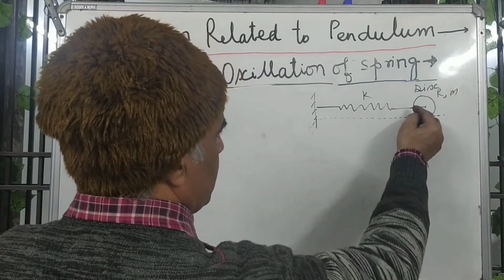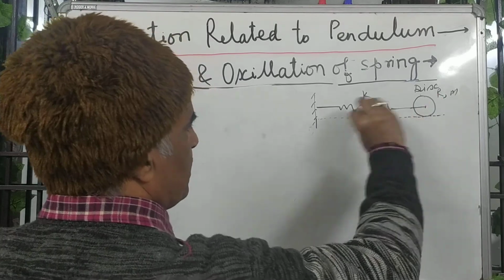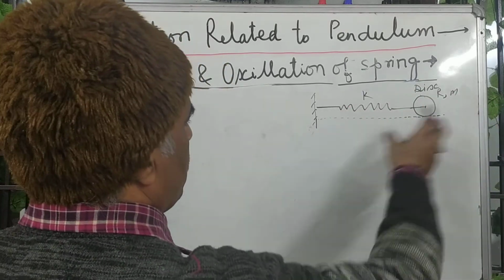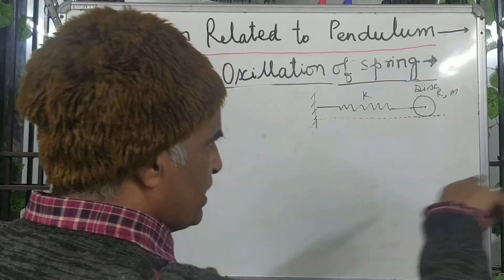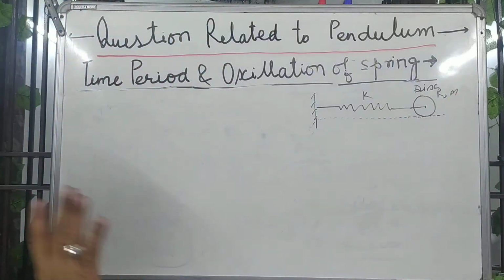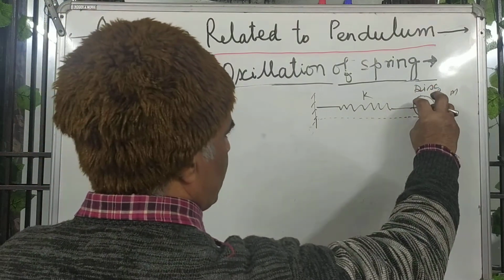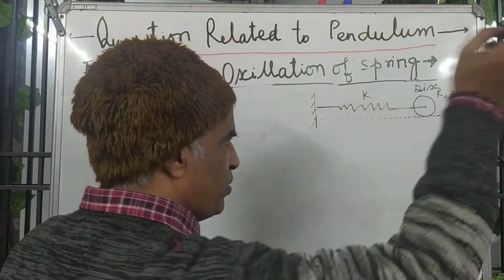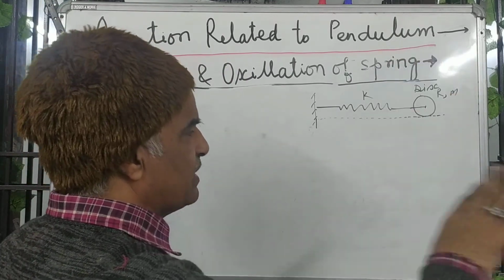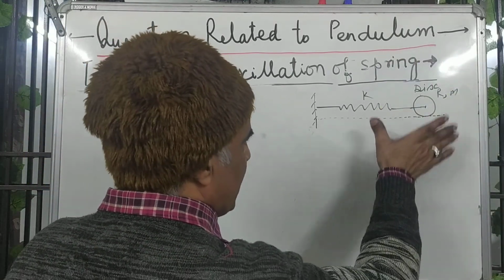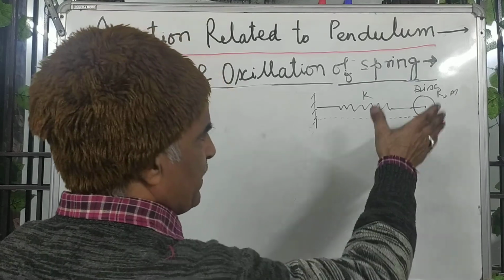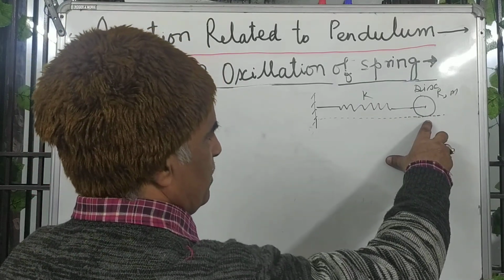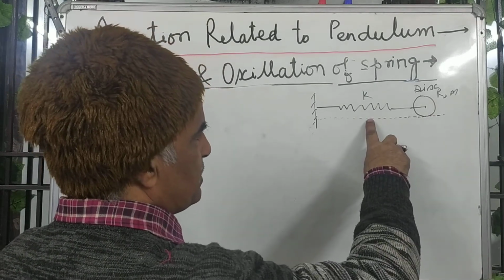So by rolling it comes this side, and by rolling it goes this side, and in this way rolling oscillation is taking place. When you move this disk outward, you are doing work, and the work done by you is stored as energy in the spring, and that converts into rolling kinetic energy and energy of the spring.